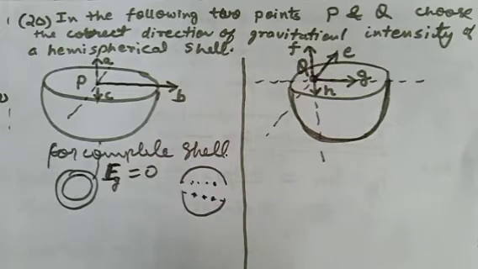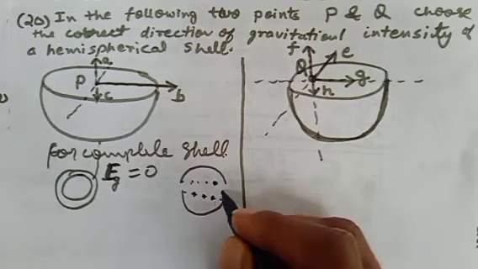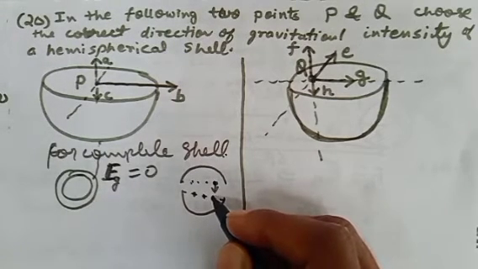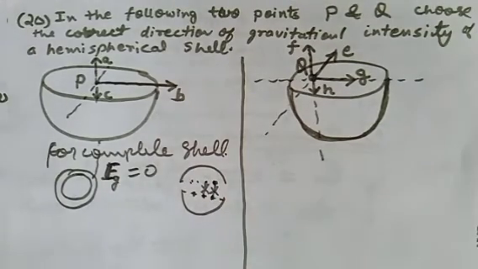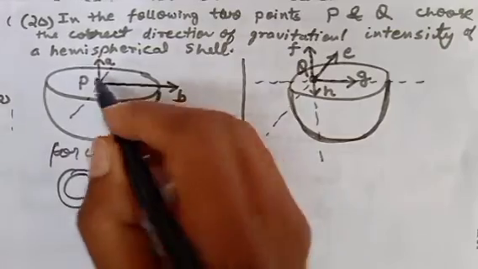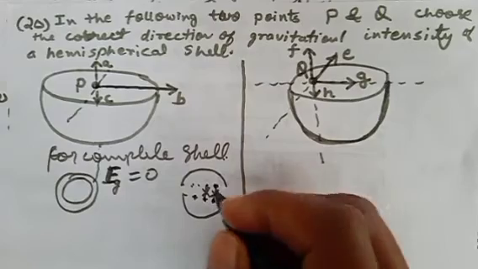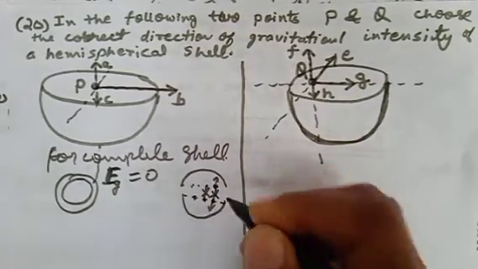Now on the basis of that, any point can't have intensity in this way, otherwise it cannot be cancelled by this. It must have intensity directed this way, so that it could be cancelled by this, and so on. Keeping this in mind, for this point P, one more thing: gravitational field intensity acts toward the object, so its direction is toward this.